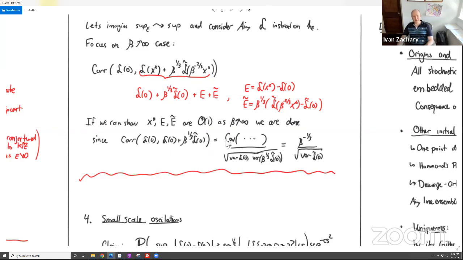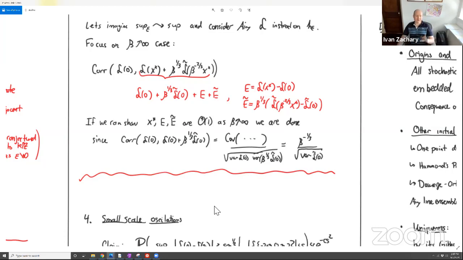And so the covariance term is just going to be the variance of L at 0. And on the denominator, I'll have the square root of the variance of L at 0, and then the variance of beta to the 1/3 L tilde at 0. And this beta to the 1/3, everything else stays order 1. And the beta to the 1/3 comes out, and that gives me my beta to the minus 1/3 decay.